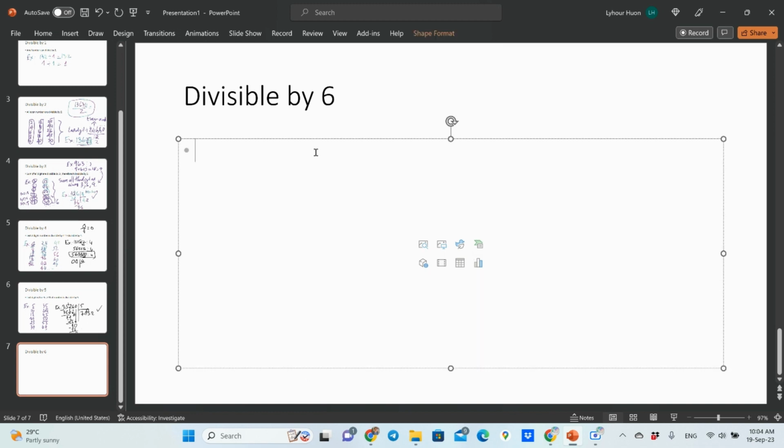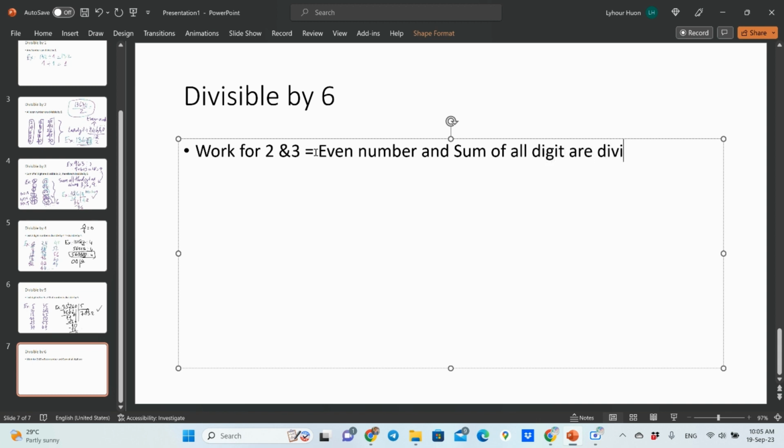So coming back, divisible by 6: if it works for 2 and it works for 3, meaning that it's an even number and the sum of all digits is divisible by 3.